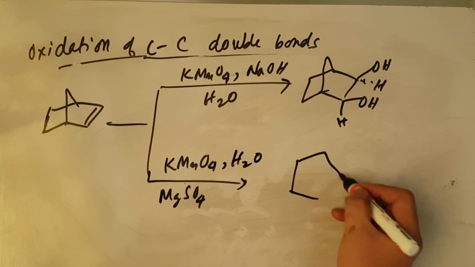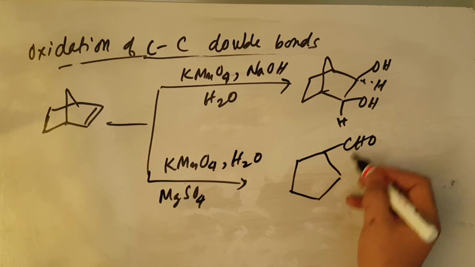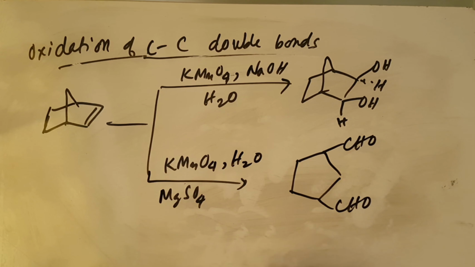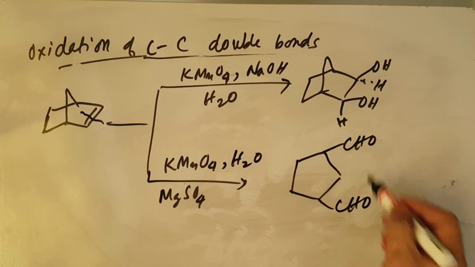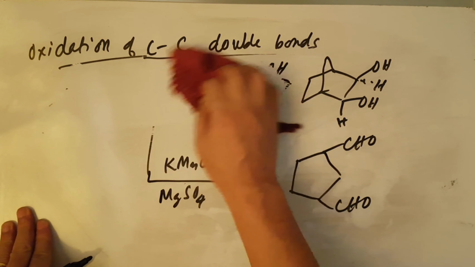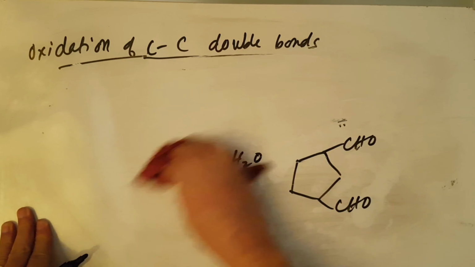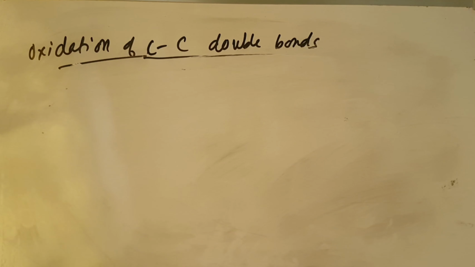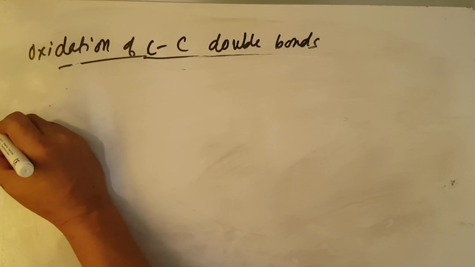Here the ring bond is broken. In acid medium, breaking of the double bond gives aldehyde groups. So let's see the mechanism of the formation of these products, the mechanism of oxidation of carbon-carbon double bonds by KMnO4.